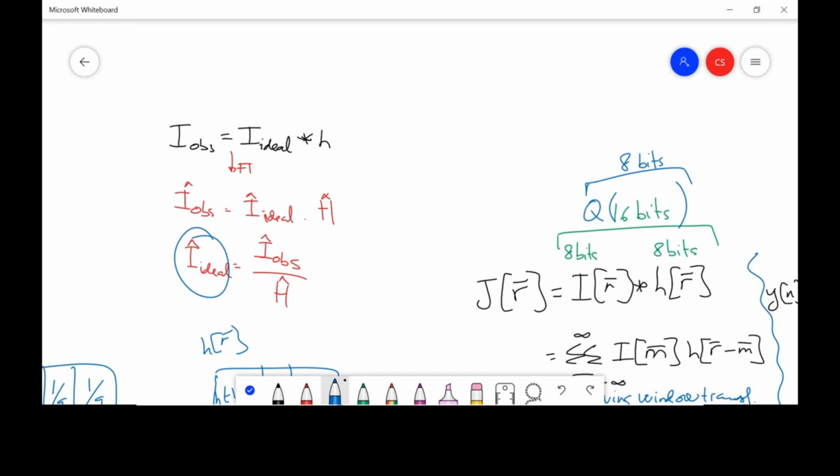So now, if you know how to blur something, automatically you know how to unblur something. So this is blurring. This is unblurring.